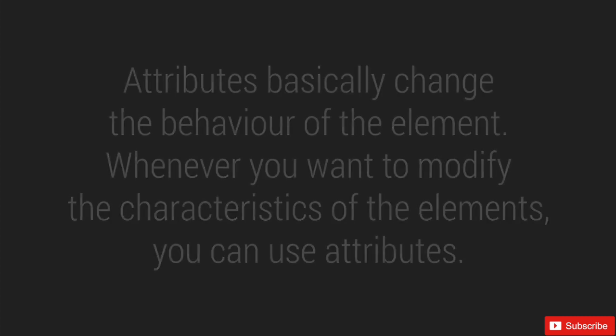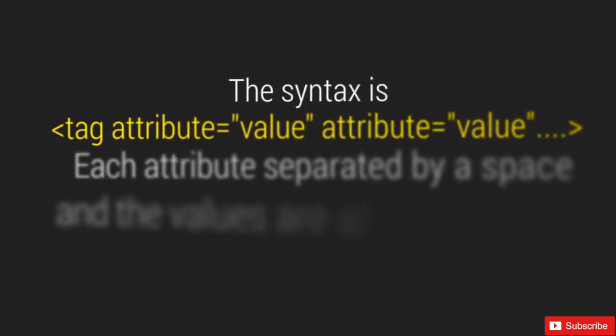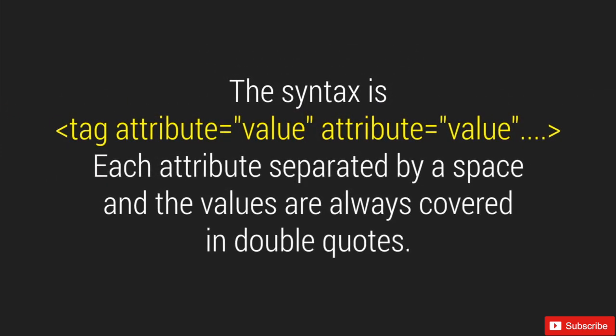The second question is, how can you apply multiple attributes to a single element? So here is the syntax. You have the tag name, you have the attribute, you keep on writing the attribute, each attribute separated by a space, and the values are always covered in double quotes. To make sure you follow these standards, and this is how you can apply the multiple attributes.